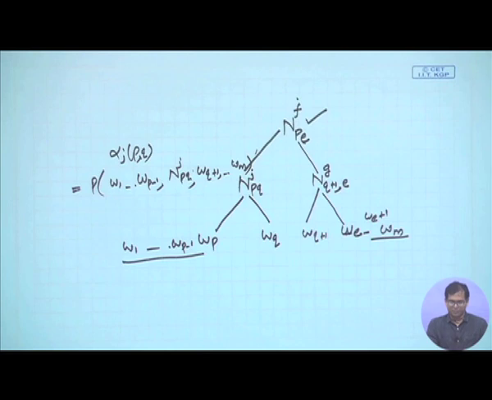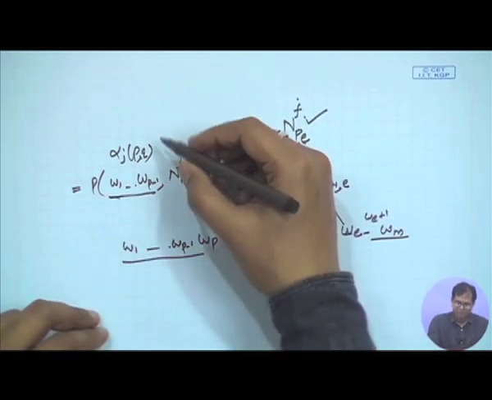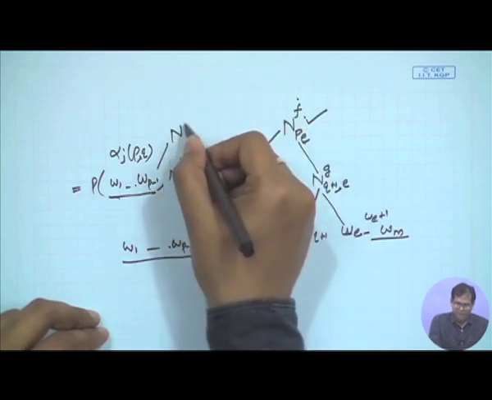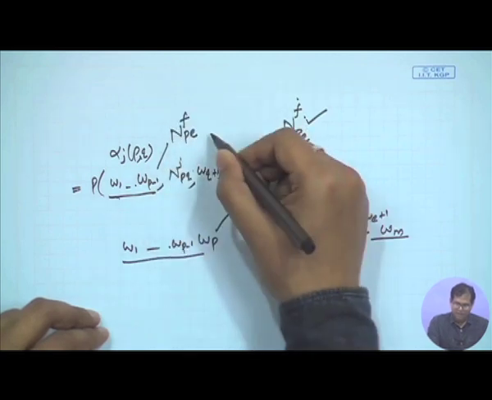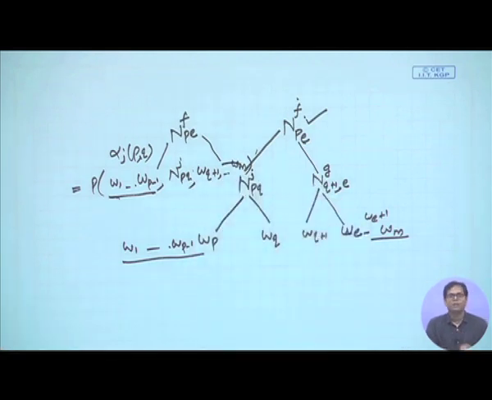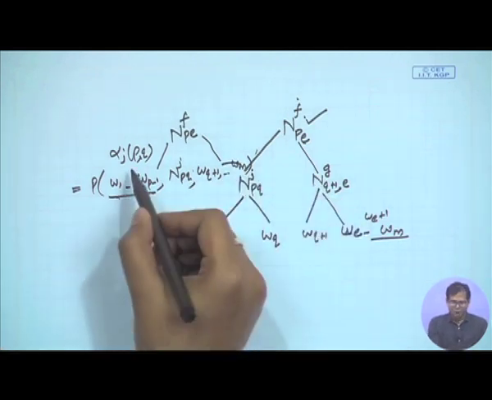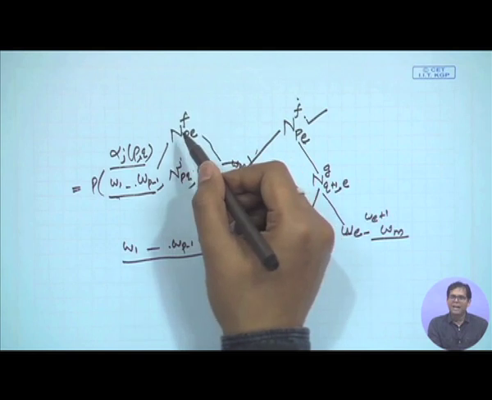This is what I have to obtain. Now here I already obtained this probability of nf, pe, and somewhere we plus 1 to wm. So how do I write it in terms of nf, pe?